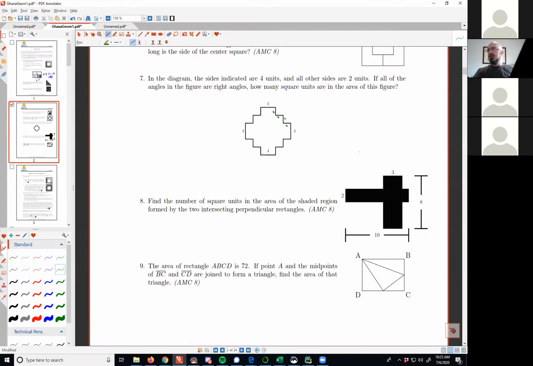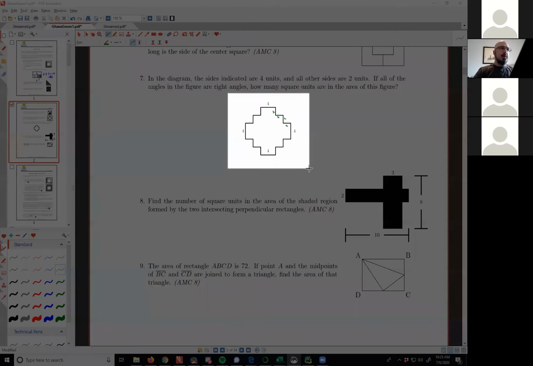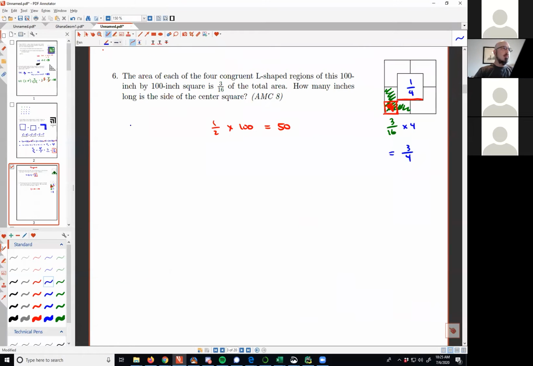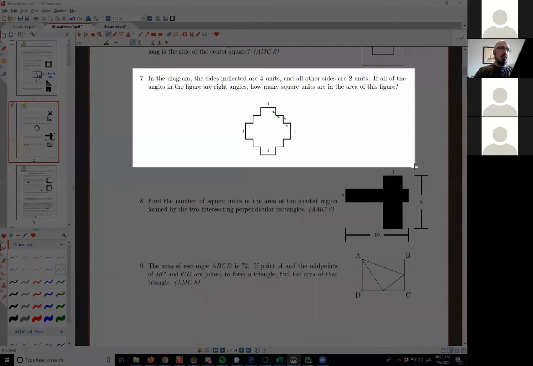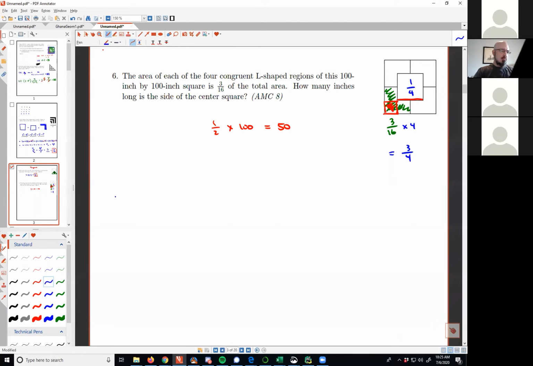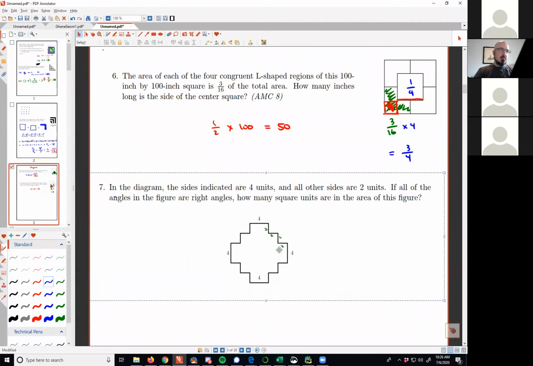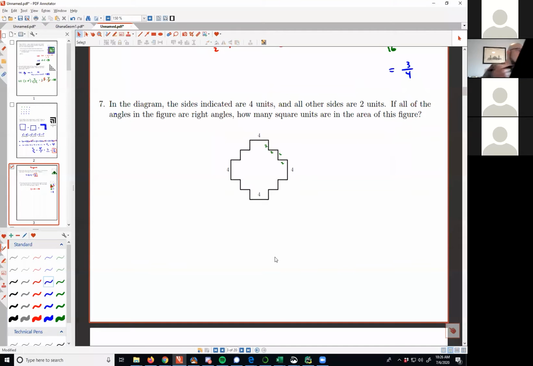Oh, I like that. Let me copy that one. We'll do this in more than one way. Oh, I should copy the whole problem. Okay, so you want to turn this into a square with added pieces around it? Yes. I like it. That's pretty simple.